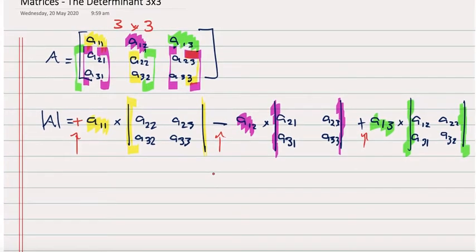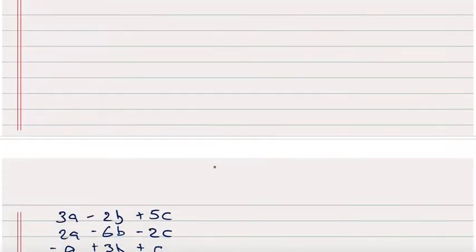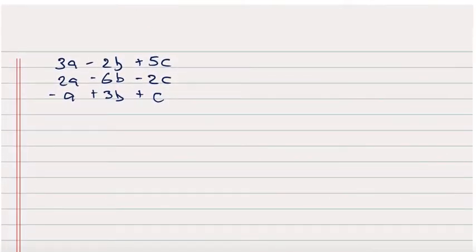Alright, so let's jump onto something a little bit more concrete. And down here we've got a system, and we can represent this system of expressions as 3, minus 2, 5, 2, minus 6, negative 2, and negative 1, 3, and 1.